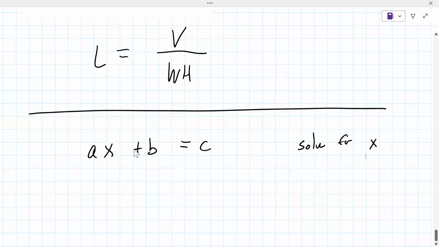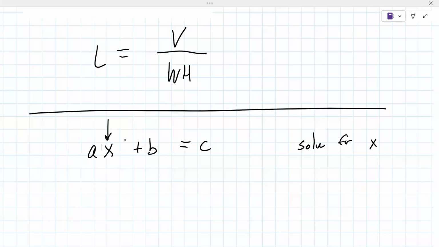No, you're trying to solve for this one. What is the B doing to the X? It's being added to the X. So how do you undo it? Subtraction. There you go. So you subtract B from both sides. Wait, subtract B from the X?